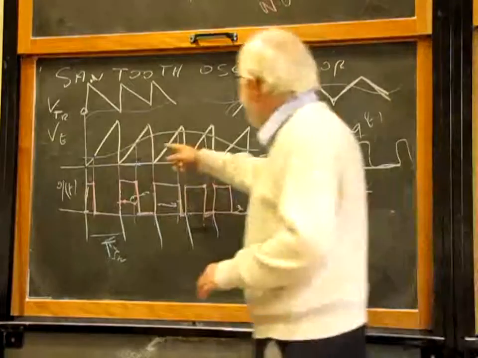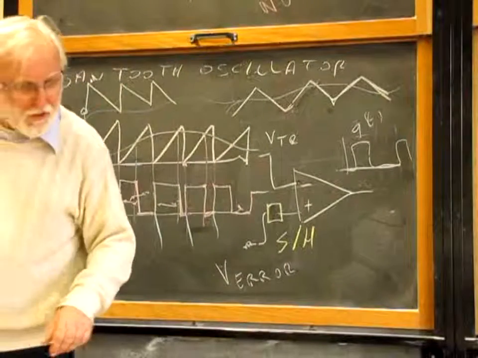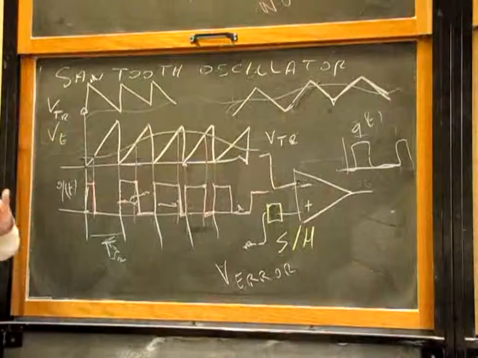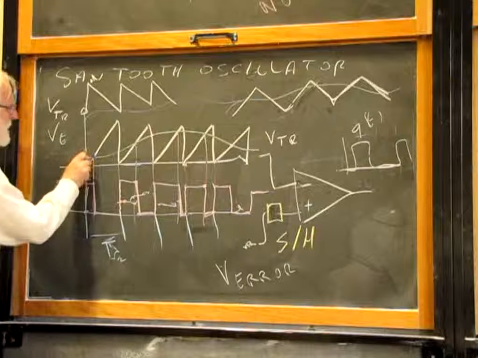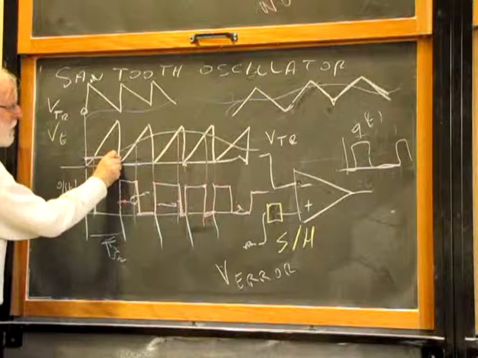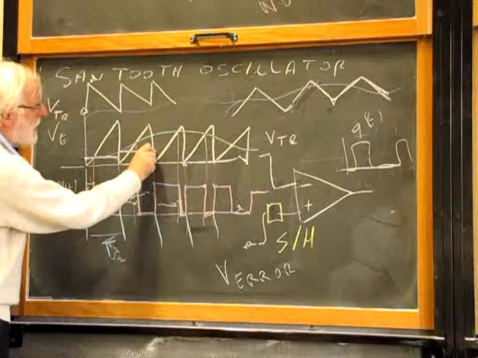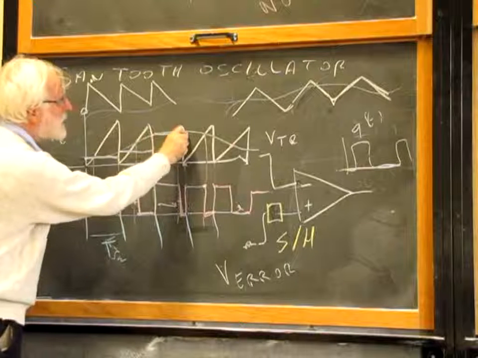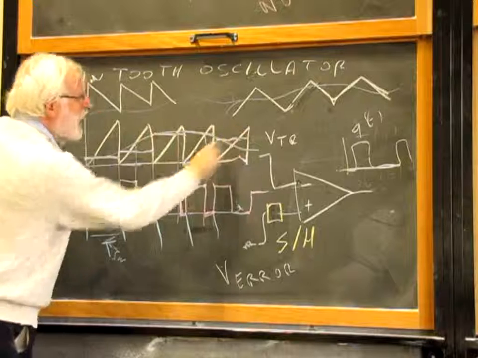So, what you get at the input of your modulator, if you use a sample and hold in order to reduce the noise, is something like this. You have this voltage that stays constant up to this point. Then you have this voltage that is constant up to this point. Then you have this voltage, then you have this voltage, and so on.